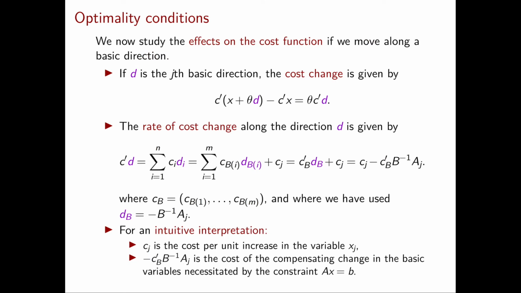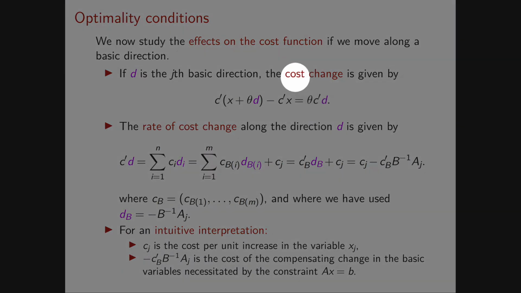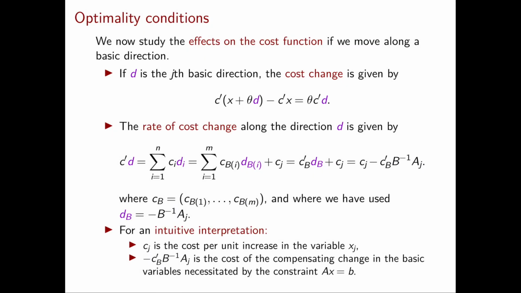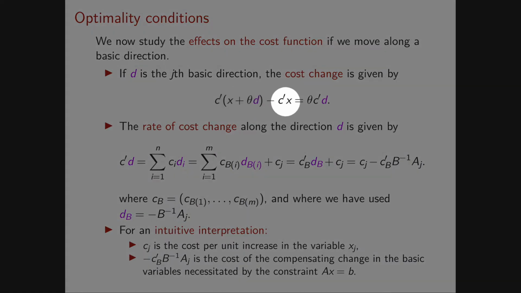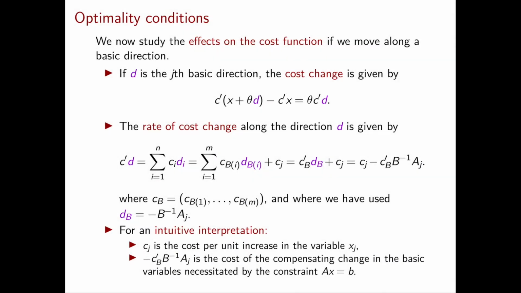Now that we've understood the basic directions, I want to shift our focus to the cost change along such a direction. In fact, the reason we're moving away from a vector x along a direction d is to find a better vector, meaning a feasible vector with a better cost. So we're interested in the cost change, namely the cost of the new vector minus the cost of the old vector.